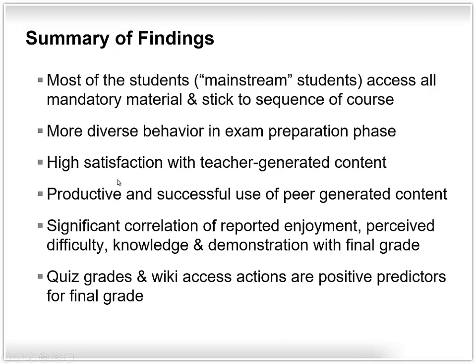We saw in general a high satisfaction with teacher-generated content, but we also saw productive use and appreciation of peer-generated content. There were also reports on more effective parameters that were measured with other instruments that I have not been talking about here. And we have seen the predictors: quiz grades and wiki access are positive predictors for the final grade.